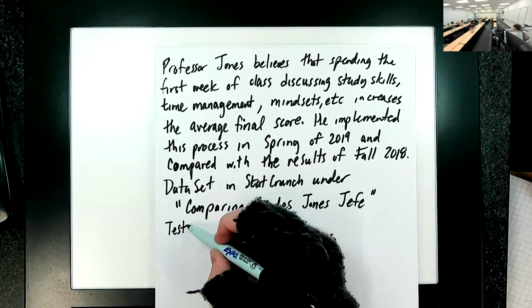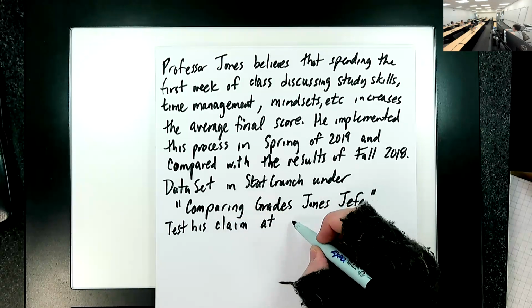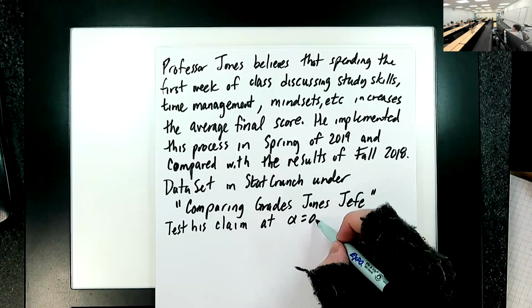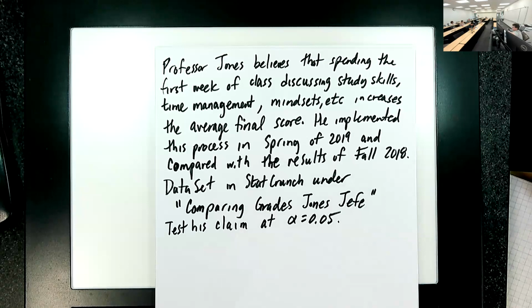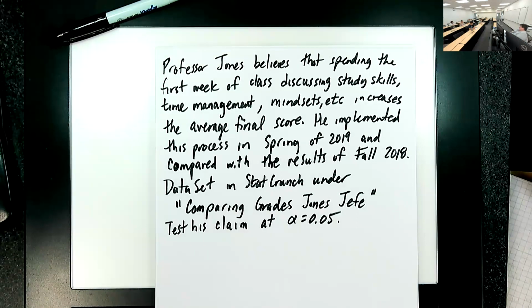Let's test his claim at alpha equals 0.05. I'll show you how to find this later on, so you can see this is a good way to play around with it. You can look up other data sets. I tried looking up ones to use for examples on finals, and the data set is never labeled well enough that I know what's going on.